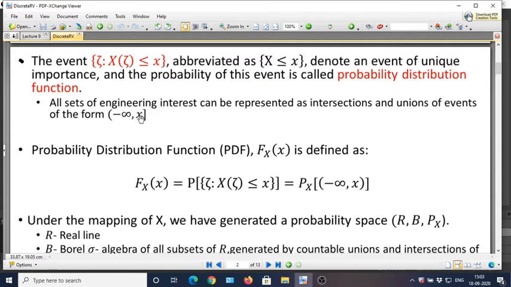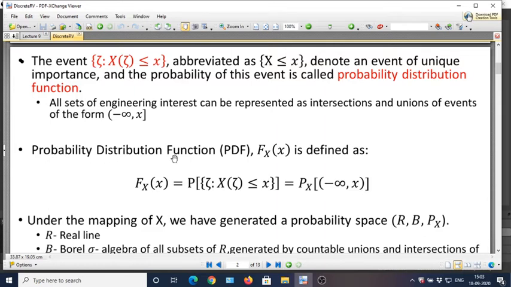Now, having defined these intervals, which are of prime importance to us, and the probability measures assigned for these intervals, which we call the probability distribution function, we will define it now formally.